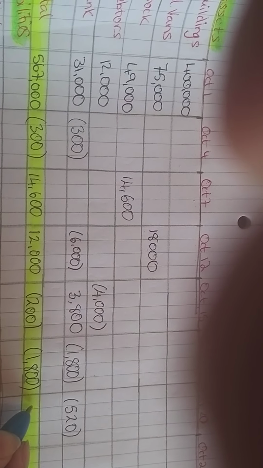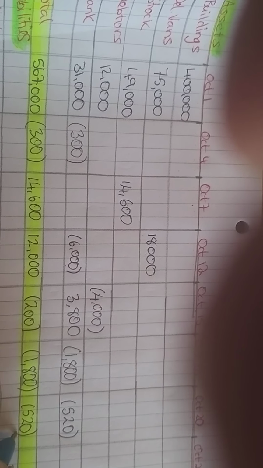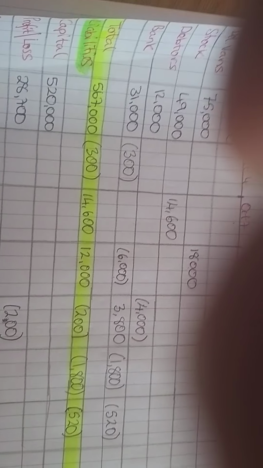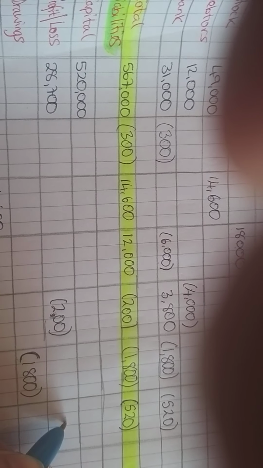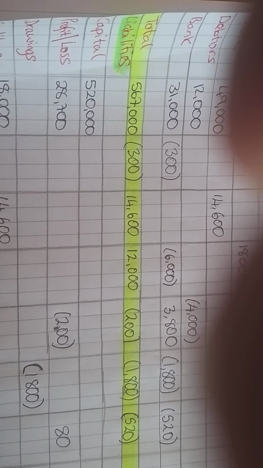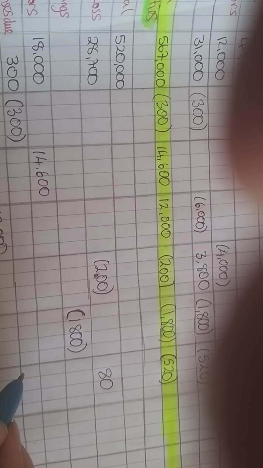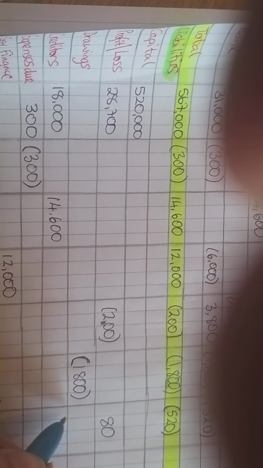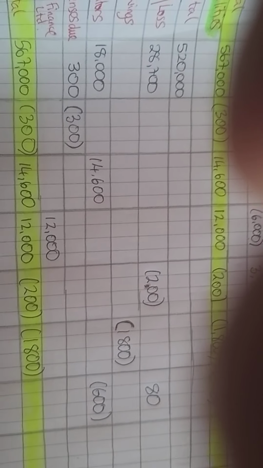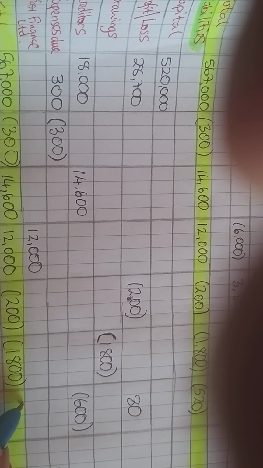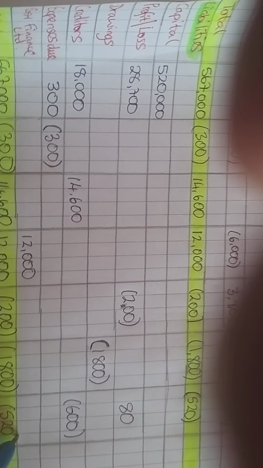So that will give me a total of negative 520. In our profit and loss, well, we gained 80, a positive 80. And then our creditors, we no longer owe them 600, so that reduces what we owe. And then that'll give me a total of negative 520.